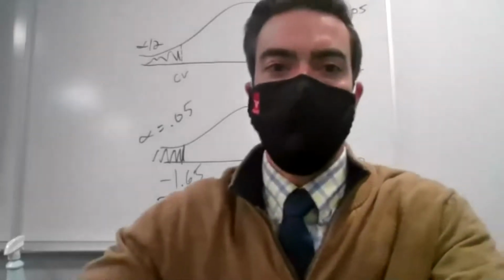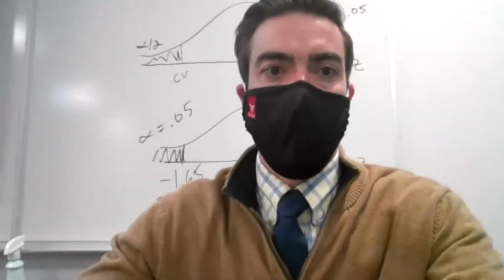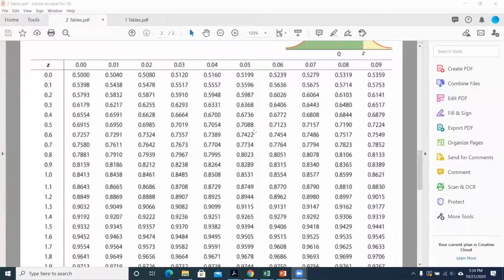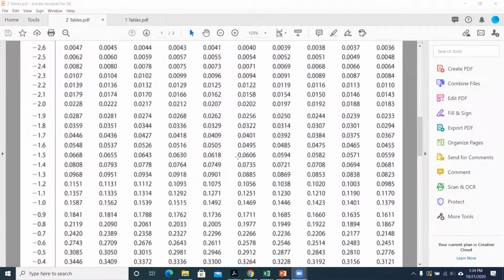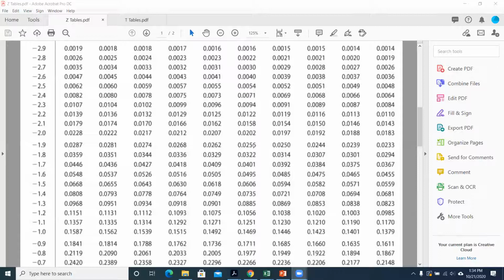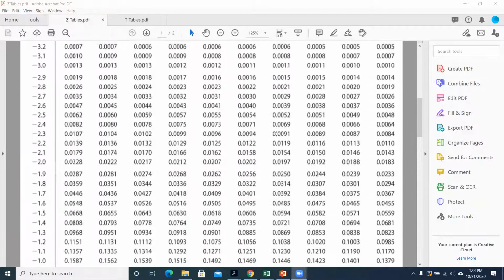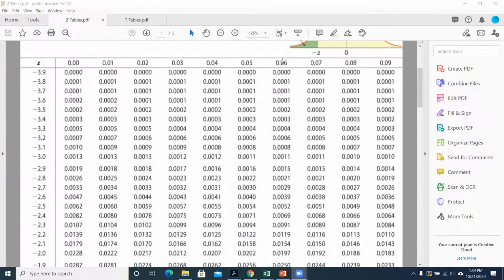What's the critical value? So I go to my standard normal table. Alpha of 0.05. Well, I have two tails, so I divide it by 2. So I want 0.025 in the lower left tail and the upper right tail. So I look up 0.025. It's right here. So negative 1.96.